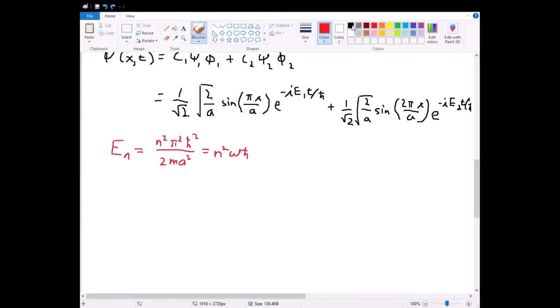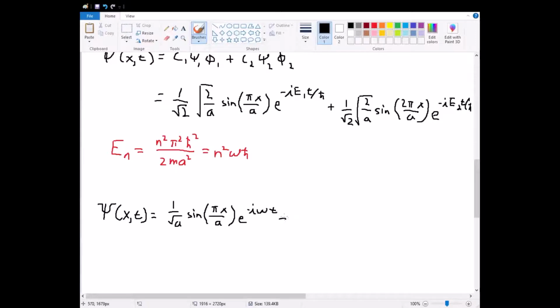And if we do that, our psi expression is going to be simplified considerably. Psi of x comma t is going to be equal to, and we're going to simplify some more by getting these constants out, 1 over square root of a, multiplied by the same sine expression as before, and then multiplied by e to the power of, and this is E1, so En is equal to n squared omega h bar, so negative i times E1, which is omega h bar, and since we have an h bar underneath, it's just going to be negative i omega times t.